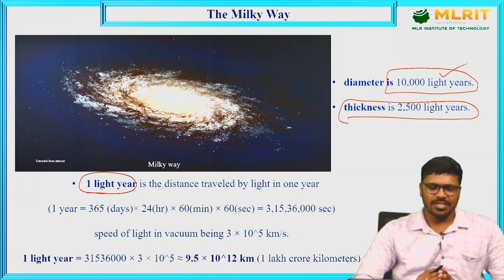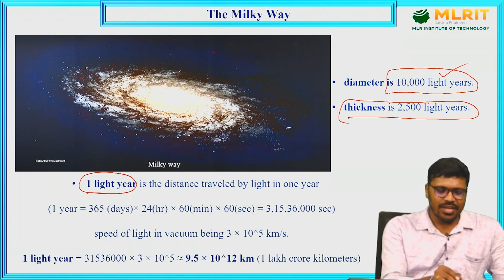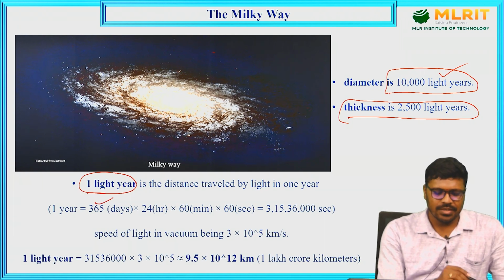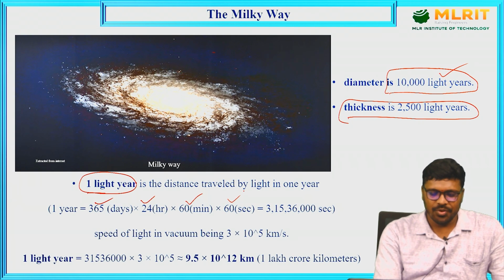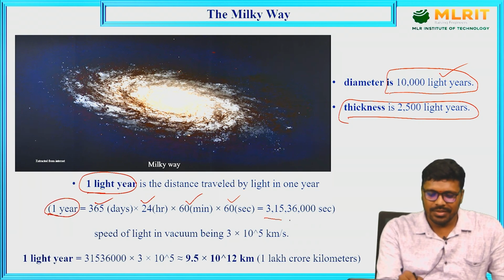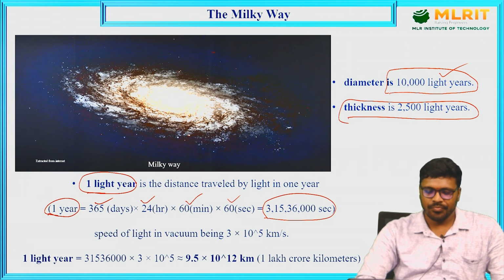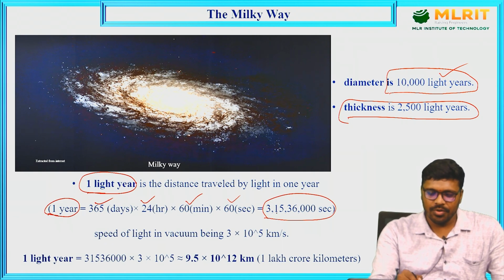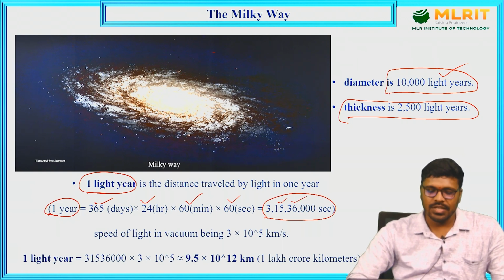Just imagine, if you consider 1 year equal to 365 days, each day has 24 hours, 1 hour has 60 minutes and each minute has 60 seconds. If you calculate like that, 1 year will have around 3 crore 15 lakh 36,000 seconds.